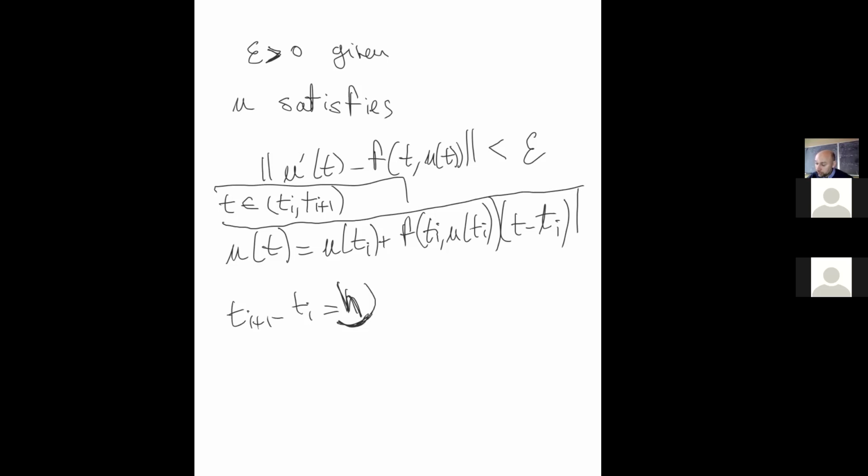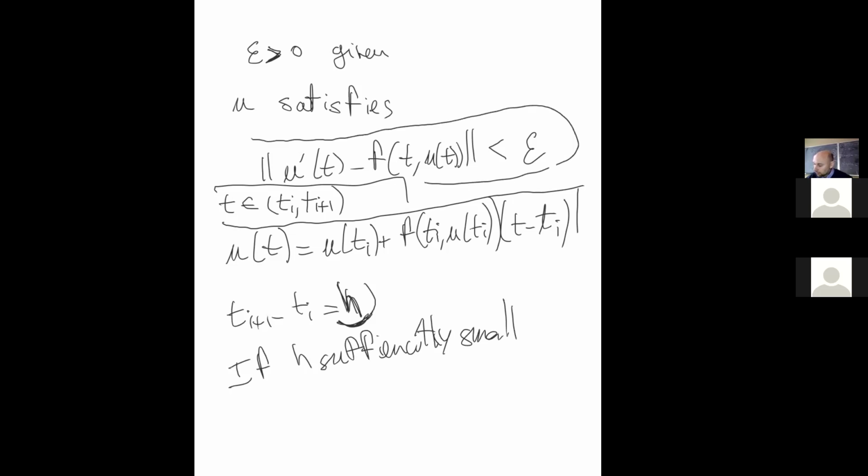If I choose h sufficiently small, then I can have this for all t.